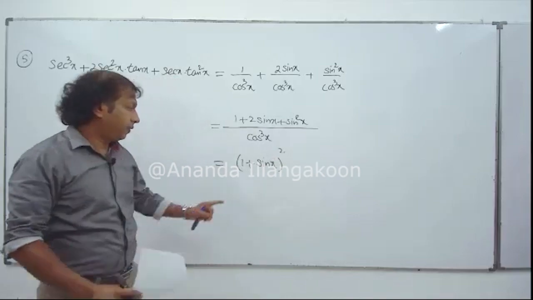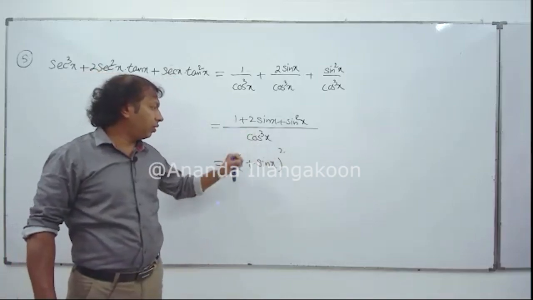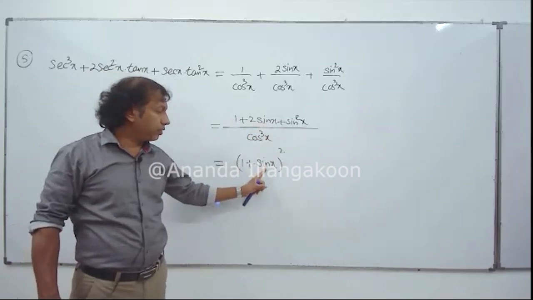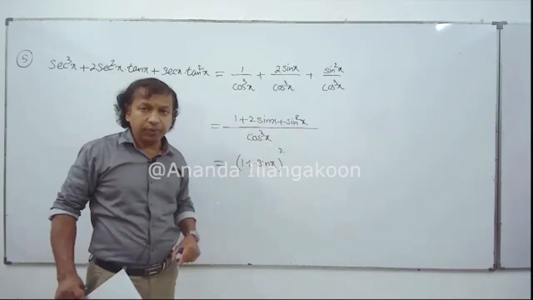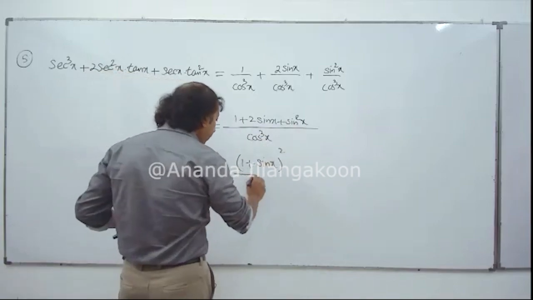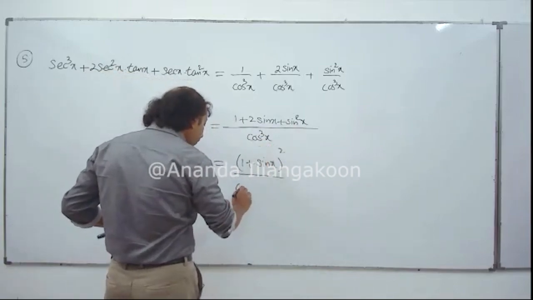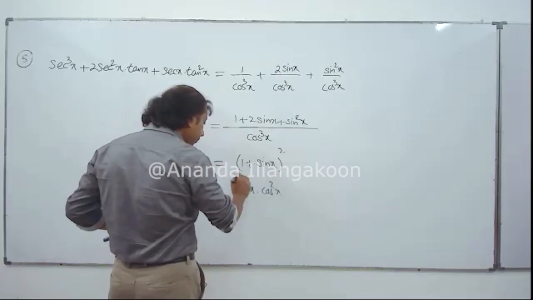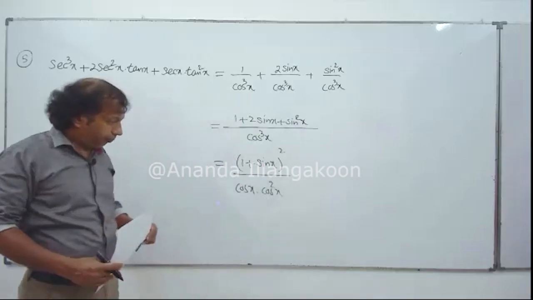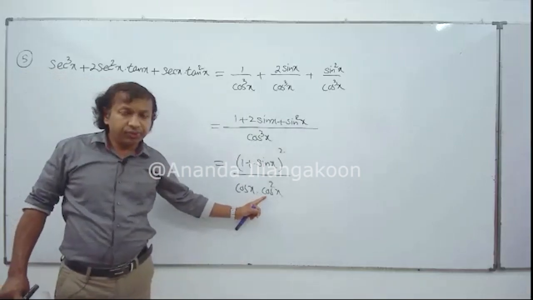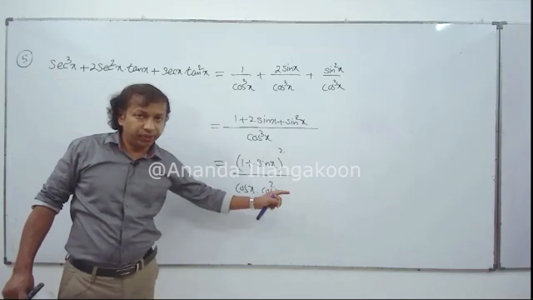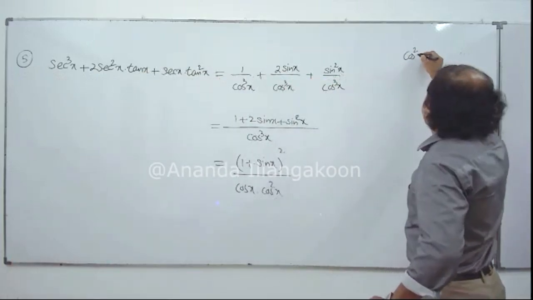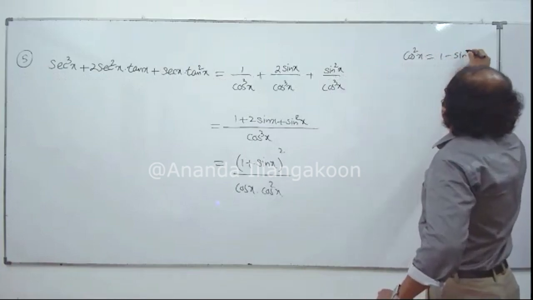Square of 1 is 1, middle term 2 sin x, next one sin squared x. Divided by cos cube x, I can write like this: cos x into cos squared x. This cos squared x you can write as 1 minus sin squared x.